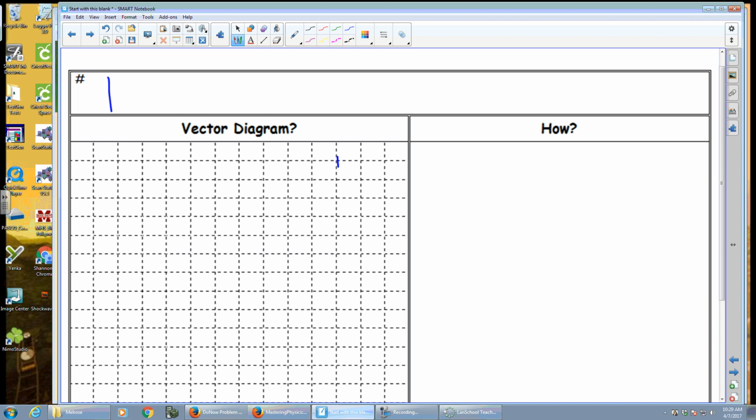So it'd probably be a good idea to draw a little north, east, west, and south. 40 degrees north of east means I start east and I swing 40 degrees towards the north. So 610 meters, 40 degrees there.